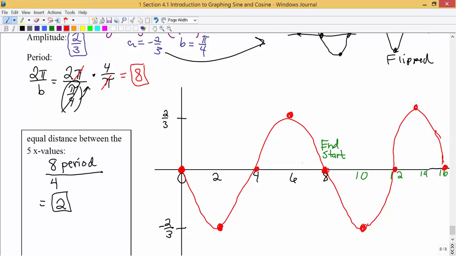So here are our 2 full cycles of sine. It goes from 0 to 8, and then the second cycle goes from 8 to 16. Notice that the period for the first cycle is 8 units, and the length required for the second full cycle is also 8 units, or 8 radians, since these are angles measured in radians.